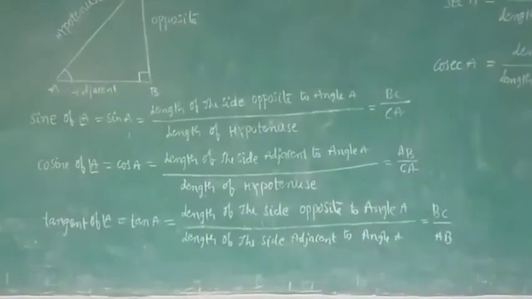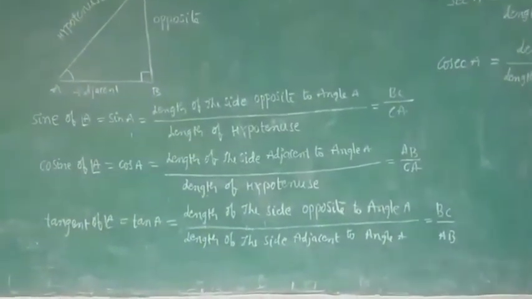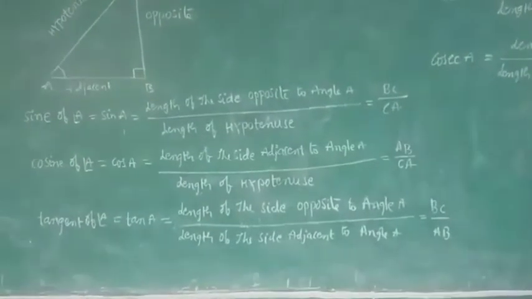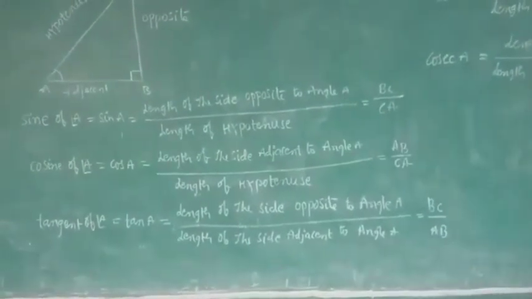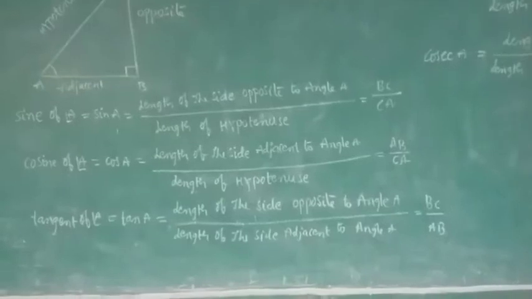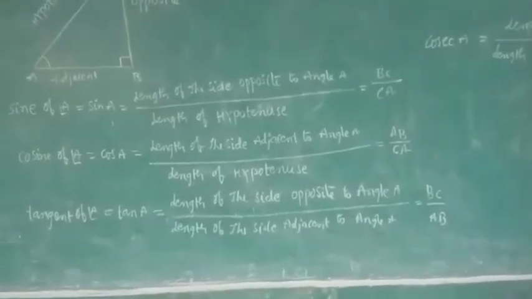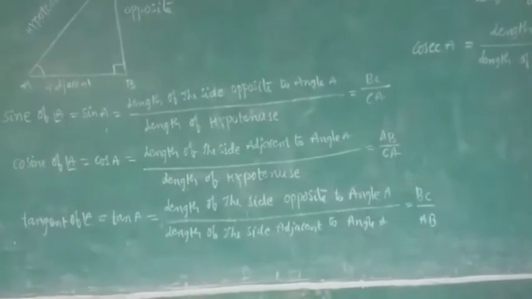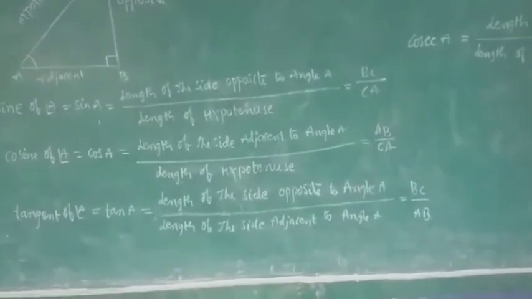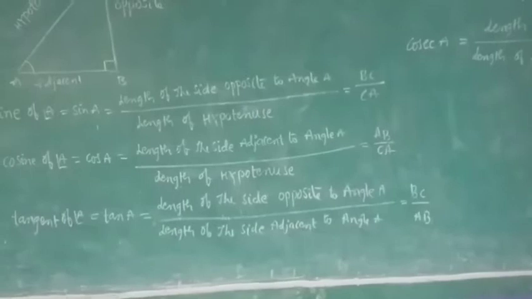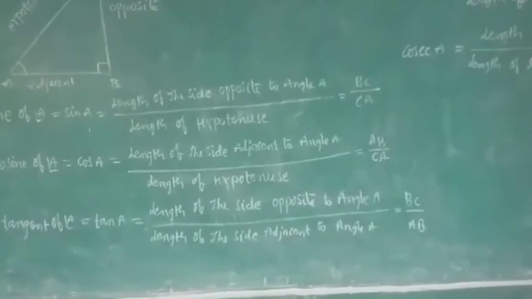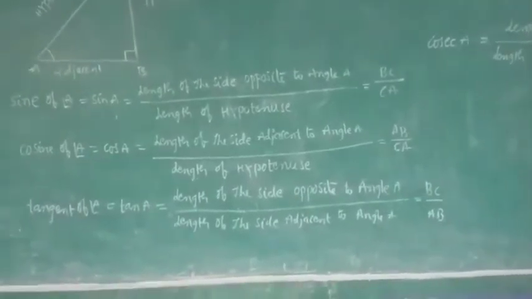Cosine of angle A is equal to length of the side adjacent to angle A by length of hypotenuse, that is equal to AB by CA. Tangent of angle A is equal to length of the side opposite to angle A by length of the side adjacent to angle A, equal to BC by AB.